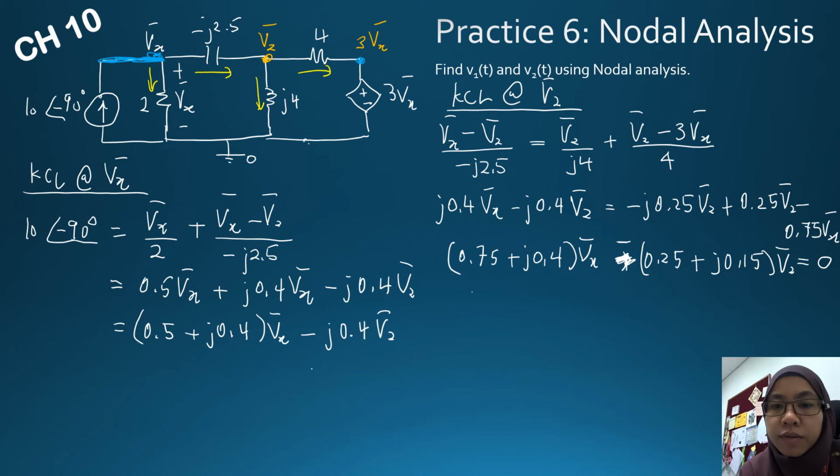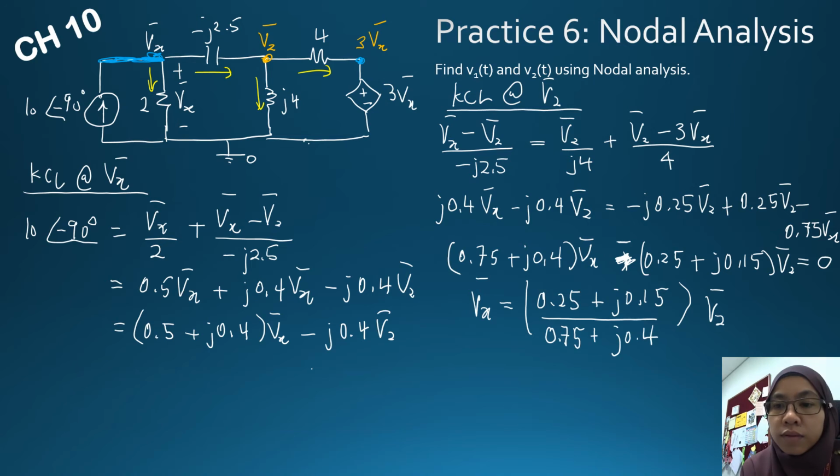Then we rearrange back. Vx is equal to 0.25 plus j0.15 into V2.